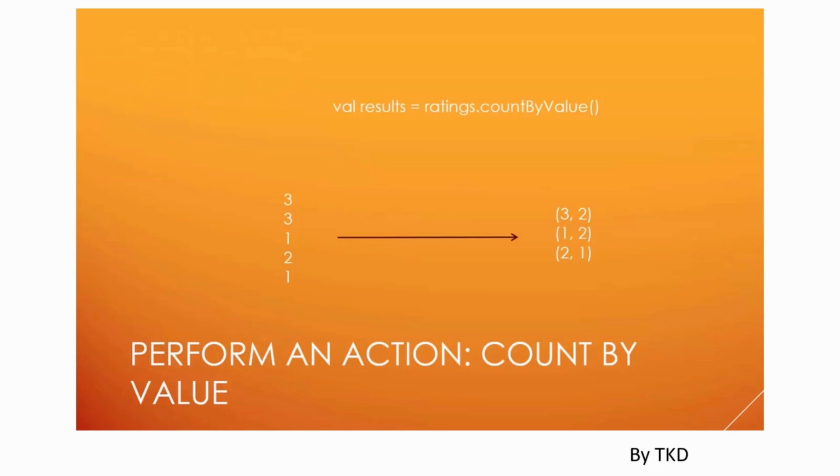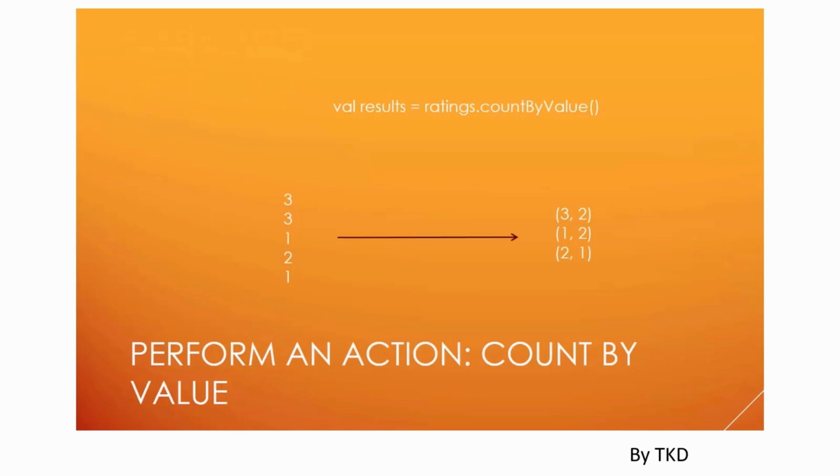In this example, we are starting off with an RDD that contains just the values of the ratings themselves. countByValue will give us a scala map, which we can do whatever we want with, where it maps the values to how many times they occur.